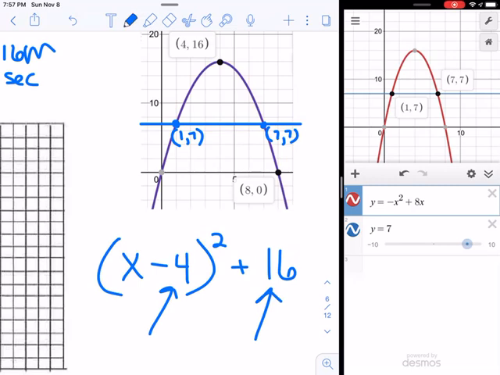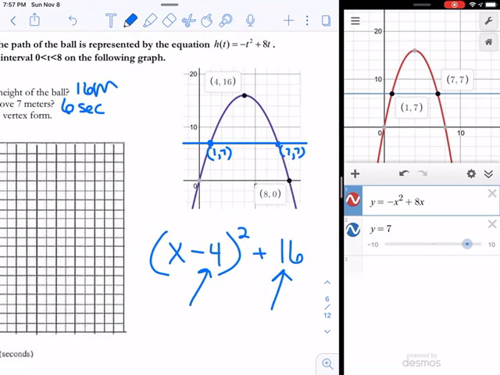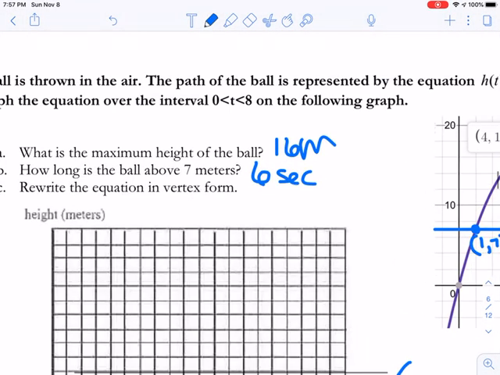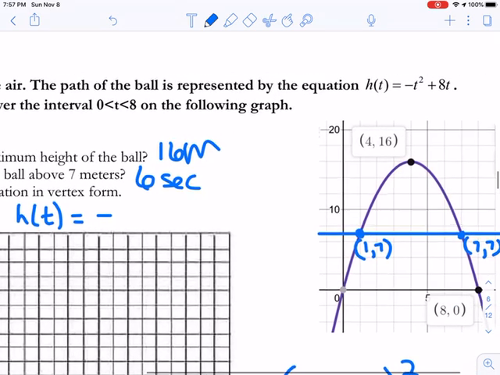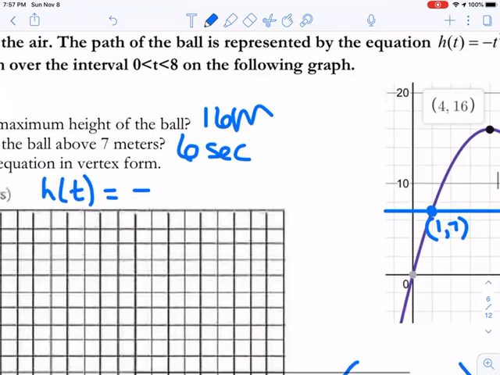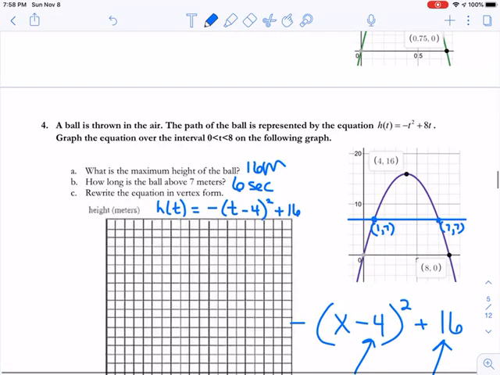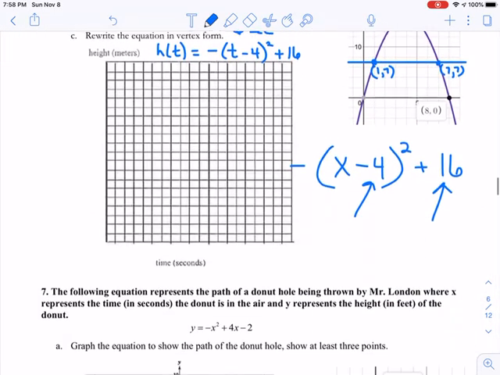Now the fact that it's upside down, it's reflected down, so we need a negative out in front. So the vertex form of this equation is h of t equals negative of x minus 4 quantity squared. Oops, I'm sorry, make that a t since we've got a function in t. T minus 4 quantity squared plus 16. There would be our vertex form.